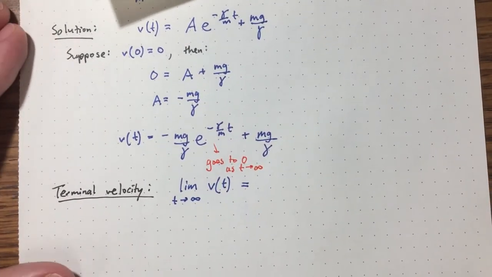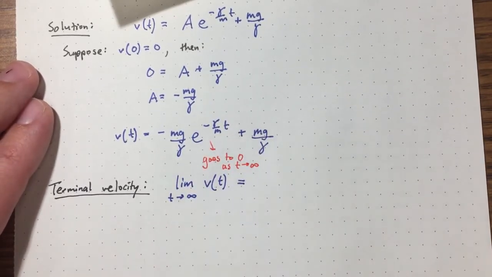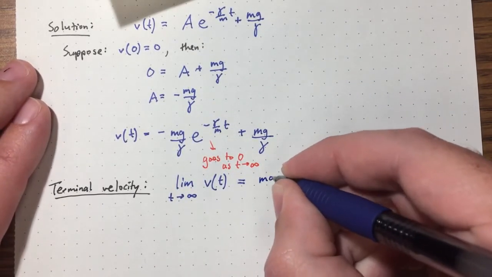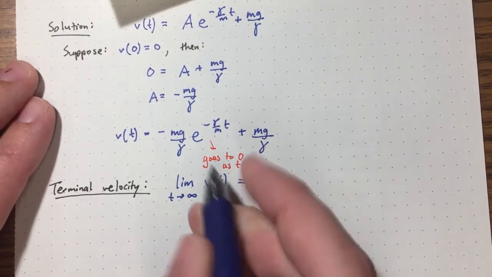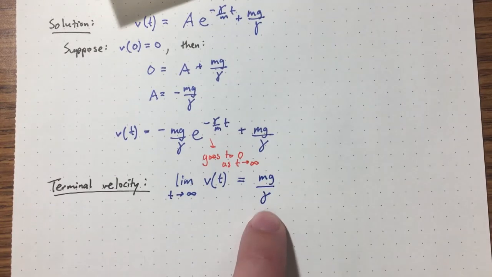So what does that mean? Does that mean the velocity is 0? Well, no, because we have this plus mg over gamma. So we have something going to 0 plus this fixed number here. So that's going to be our limiting value of the velocity.